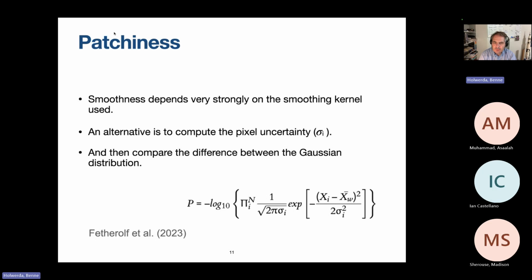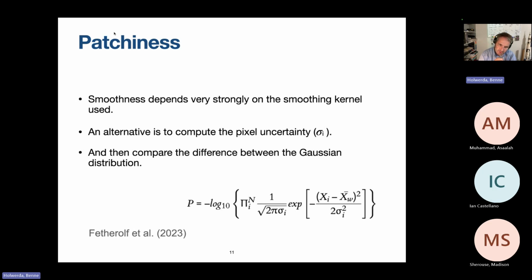And so patchiness is another one where we multiply the 1 over 2 pi sigma and the exponent of whatever value we have in the x pixel and the weighted average over all pixels and then the standard deviation over all of them. So if you look at that, it looks like a Gaussian expression. It sort of is. So it sort of compares how Gaussian-ish it is, if I understand this correctly.